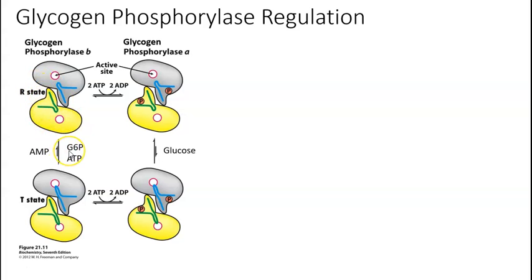In the presence of glucose 6-phosphate and ATP, which means we're in the fed state, that is going to allosterically regulate this and form the tense state, which is going to reduce the amount of glycogen, or glucose, available in our system, which makes sense, right? If we have a lot of energy and already have glucose 6-phosphate available, we don't want to break down glycogen to form more glucose units. So depending on whether they're phosphorylated or not, these are regulated by either glucose or glucose 6-phosphate, ATP, and AMP.